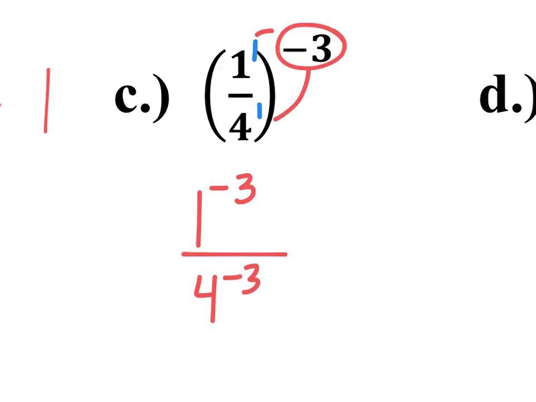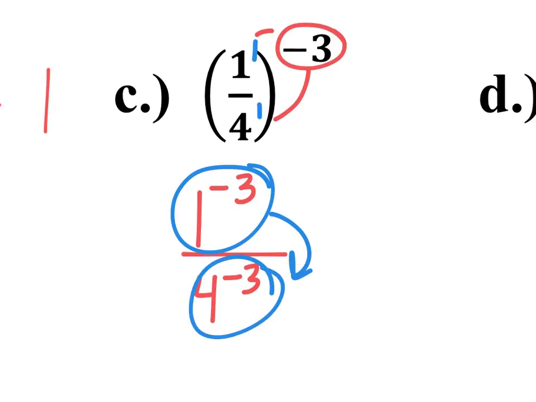Now, they're both being negative right now. So just like you and your sibling, you can't stay where you're at if you're being salty. So you need to go to the other side of the house. Does 1 to the negative third have to move? Yeah. It's negative. We don't like that. Does 4 to the negative third have to move? Yeah, so what they're going to do is switch places.